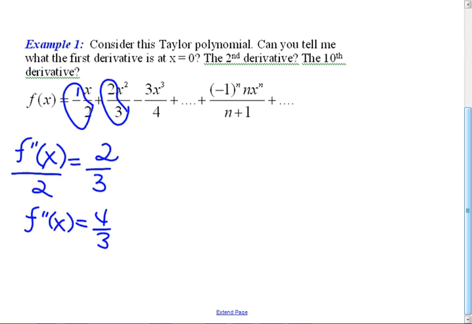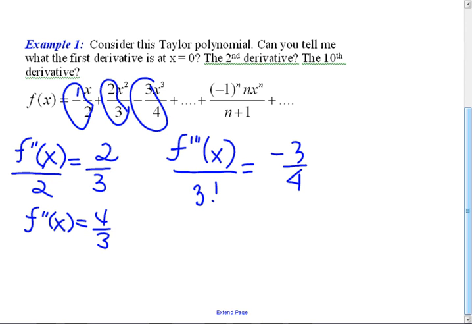You've got to be careful with this. What's the third derivative? It's f triple prime of x over 3 factorial, which will equal this coefficient, -3/4.